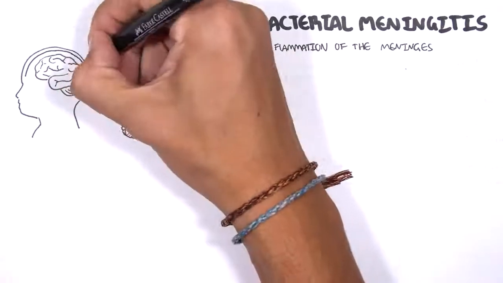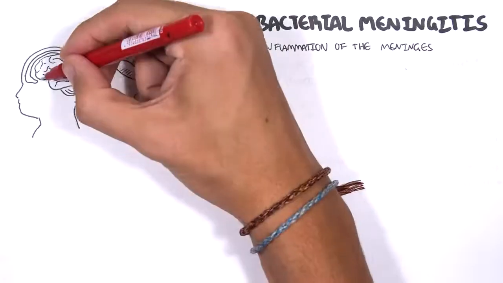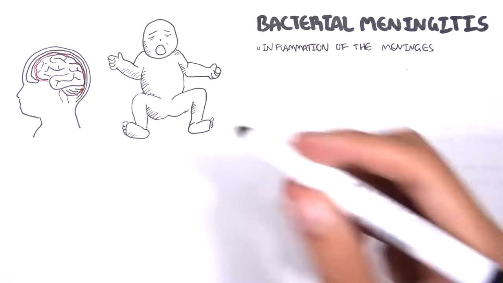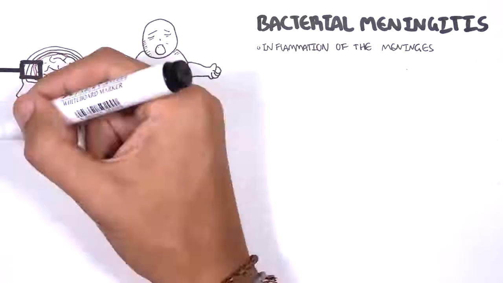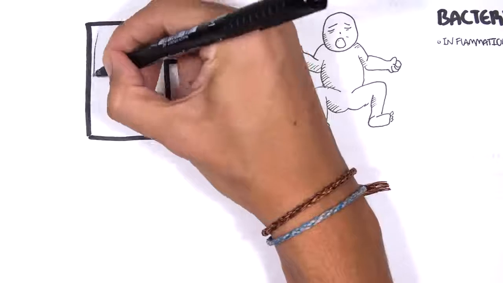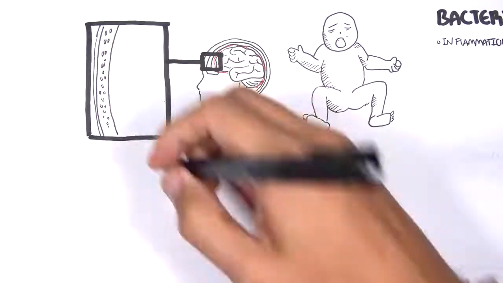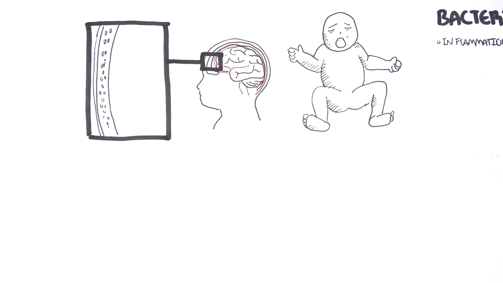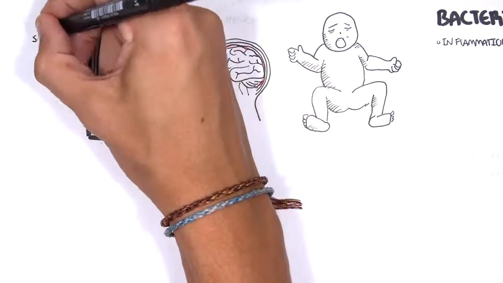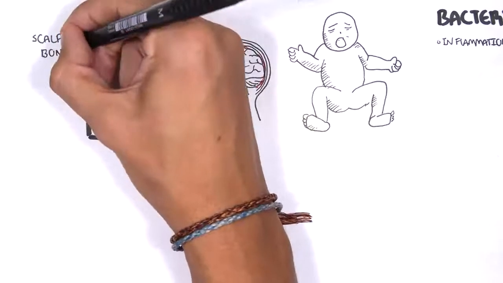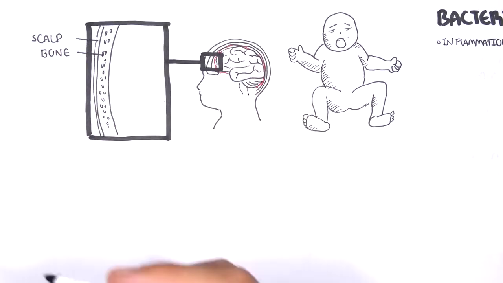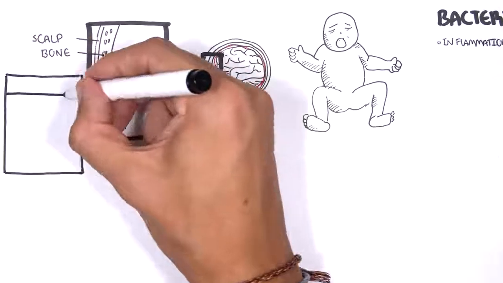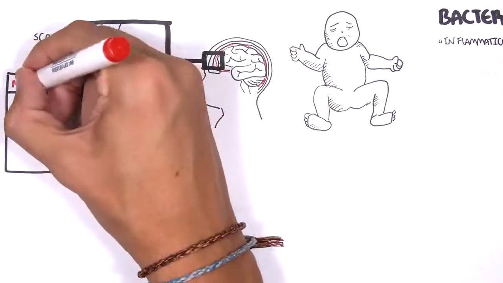The meninges are layers of protective sheaths that cover the brain. The brain is actually covered by many layers because the brain is so important and needs protection. So let us look at what actually surrounds the brain. From the outside, superficially, we have the scalp, which includes the skin and fat. Below the scalp we have the bone, the skull itself.